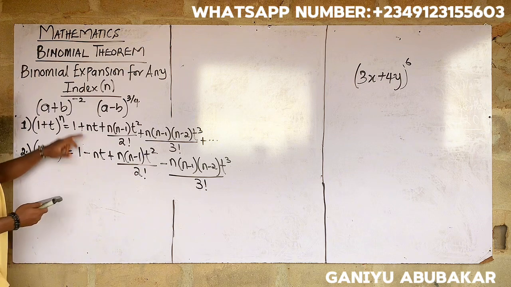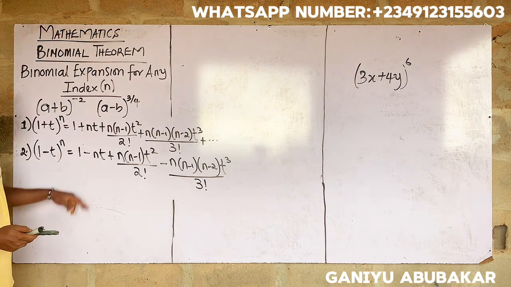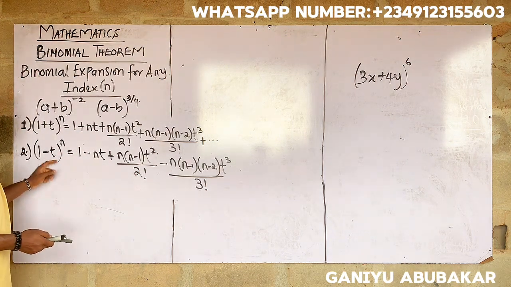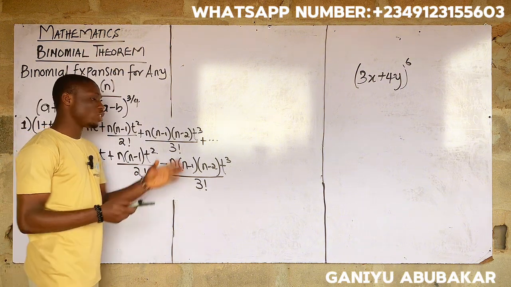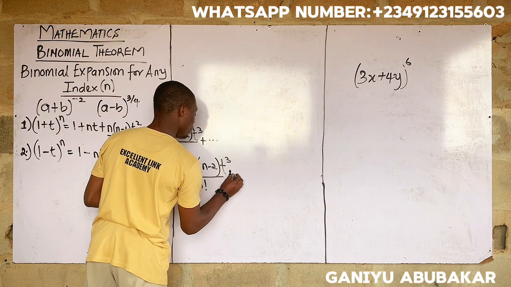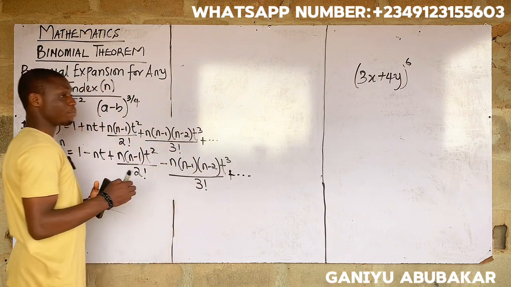Observe that these two are the same thing, but the catch now is that when it comes to negative, you start with plus, minus, plus, minus, and it continues in this pattern.